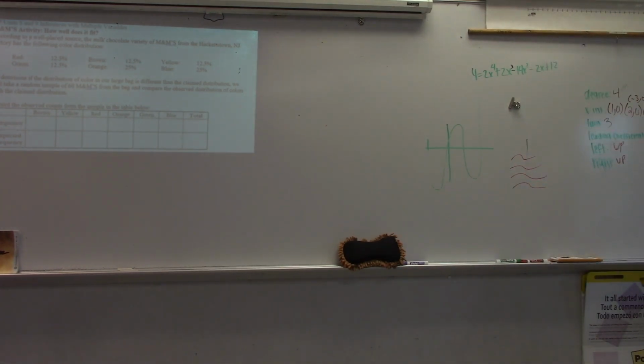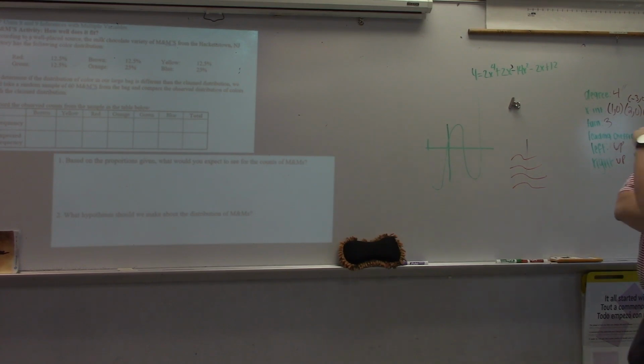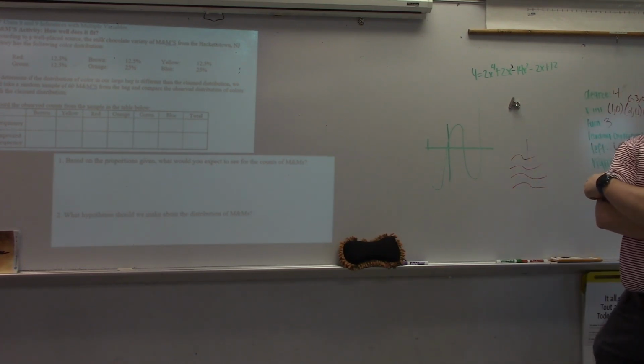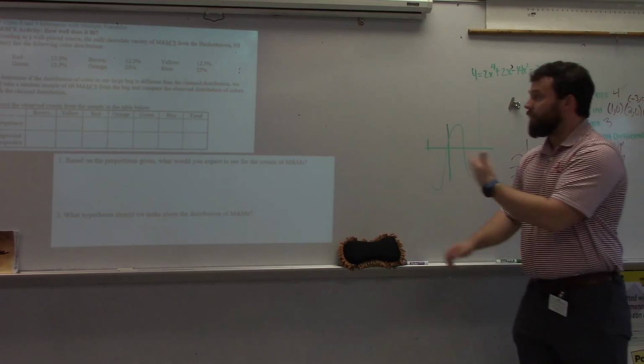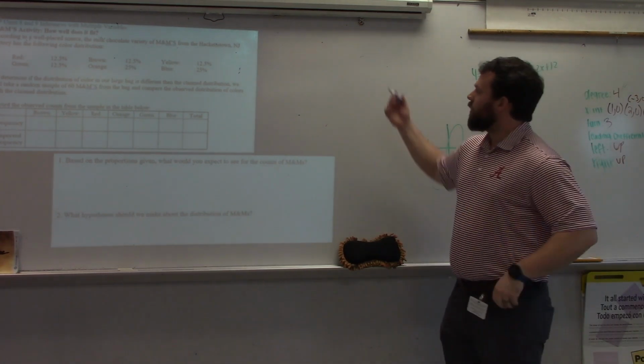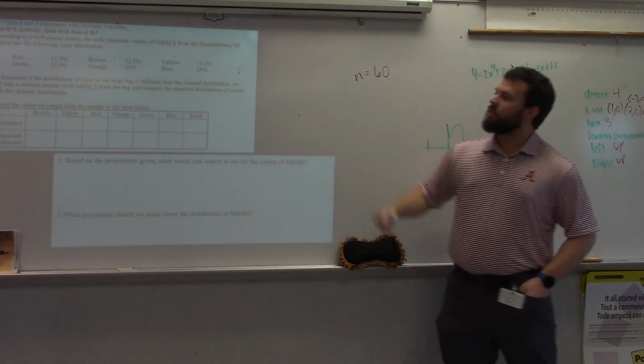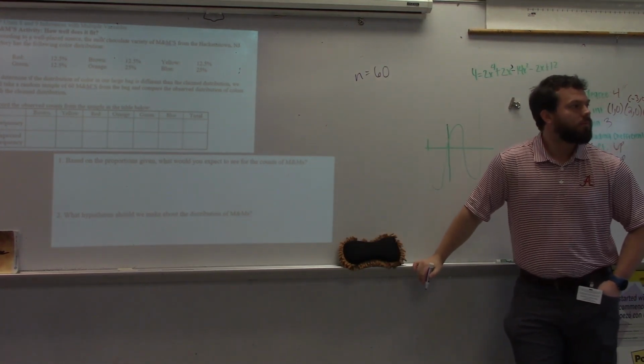But what I want us to think about even before we collect our data is this idea: based on the proportions given, what would you expect to see for the counts of M&Ms? We're going to have different sample sizes, but let's say that my N is 60 and I have these expected proportions.